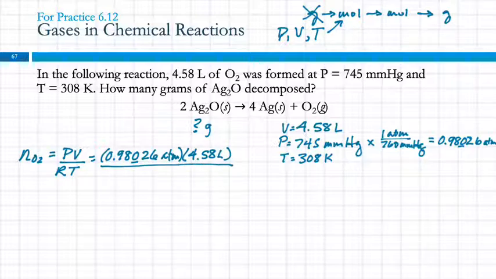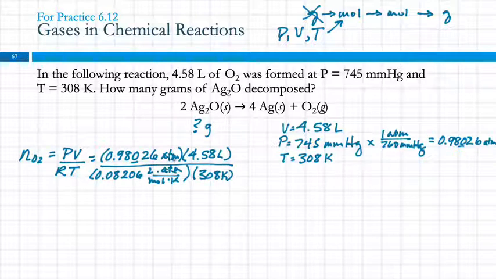And R, and the temperature was also given in the correct unit. And so then I check here that my units are going to cancel out. Because those messy units on the ideal gas constant help us to know what units we should use on our other things.